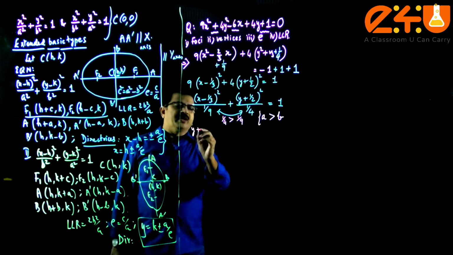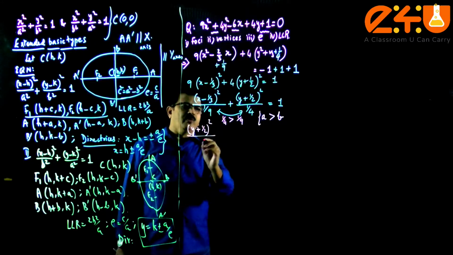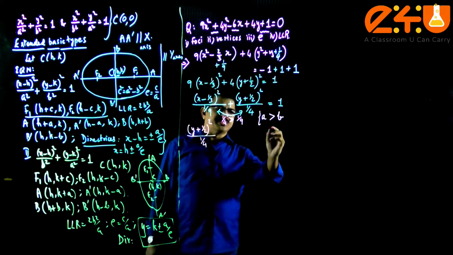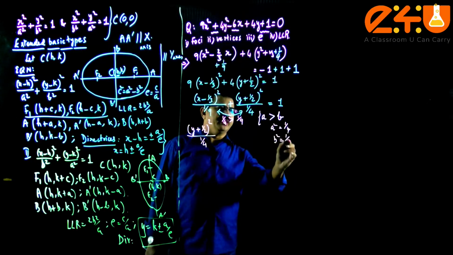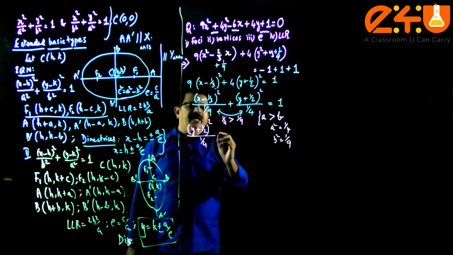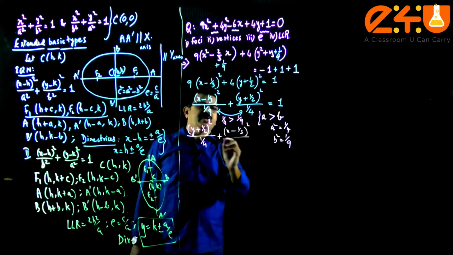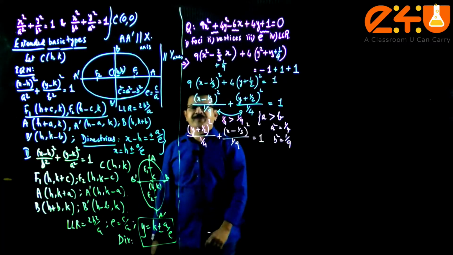The correct format is (y + 1/2)² over 1/4, which is a², plus (x − 1/3)² over 1/9, which is b², equal to 1.